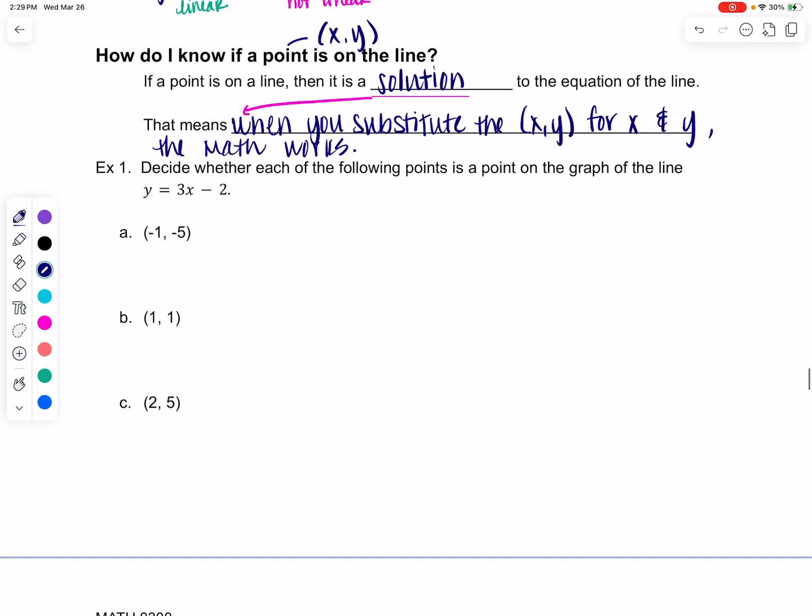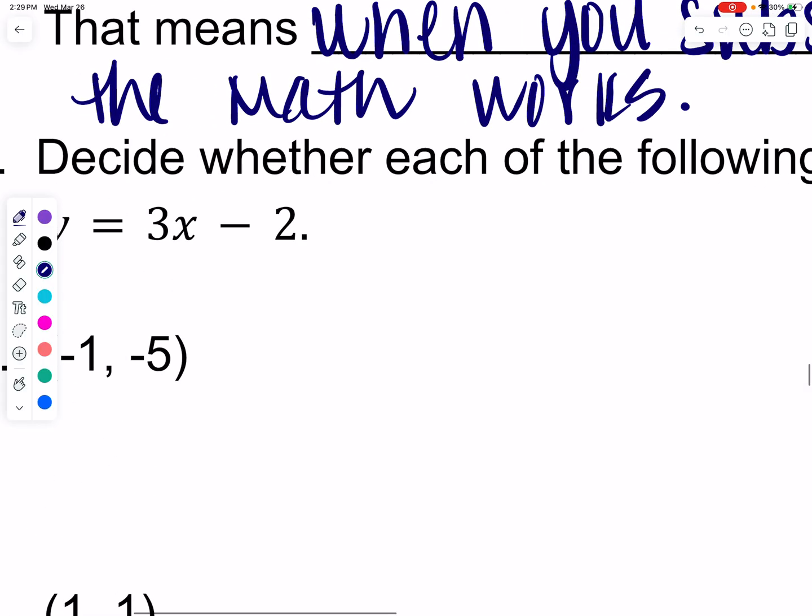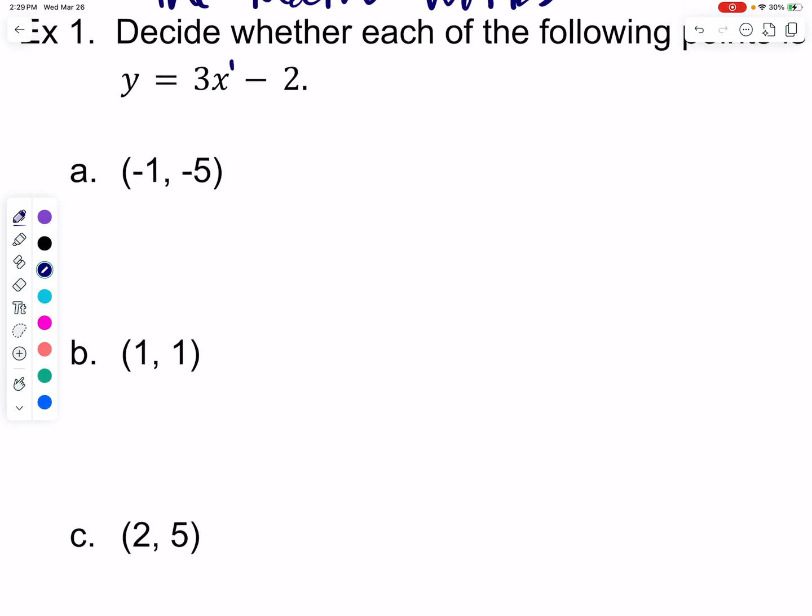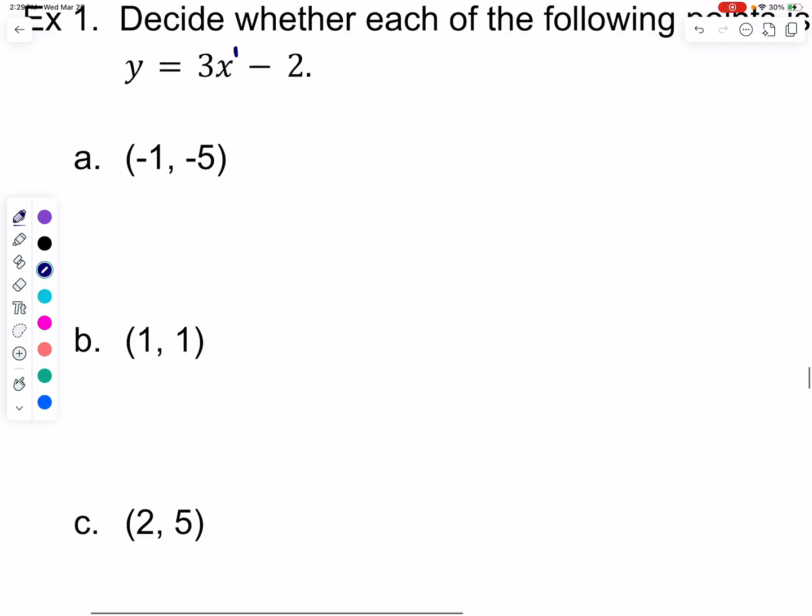So let's try it. We want to decide whether each of these ordered pairs is a point on the graph of this line. All we know so far is that it has an exponent of 1 on the x, so it's linear. But in order to determine whether each of these ordered pairs is a solution, we start out by writing the equation.